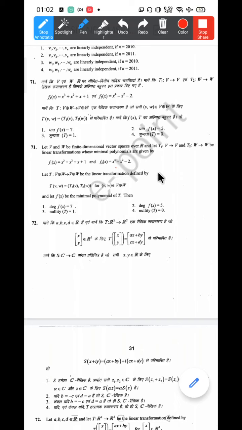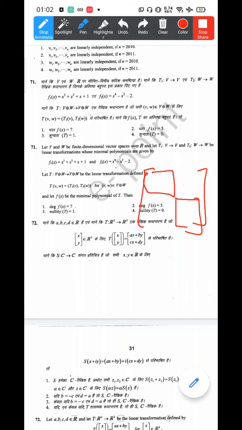This will form a matrix. Here this will be your matrix. This is the minimal polynomial of this, and the minimal polynomial of this. The first thing is they are asking about degree and nullity.